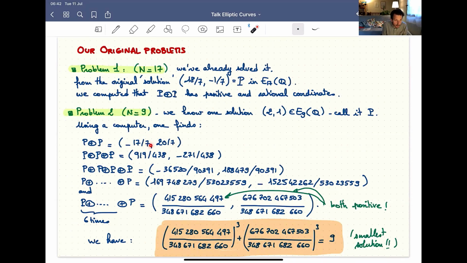This has denominator 7. And then we computed p plus p plus p plus p at denominator 438. And then 4 times p had denominators 19,000 something. And as you can see, the denominator does increase when you look at a point plus a point, 3 times this point, etc.